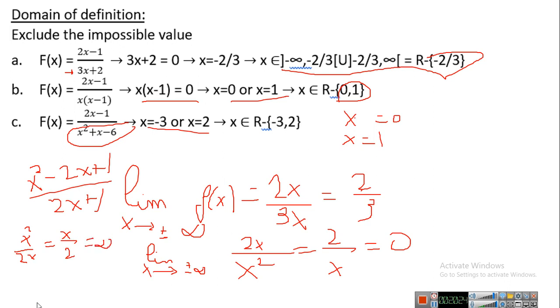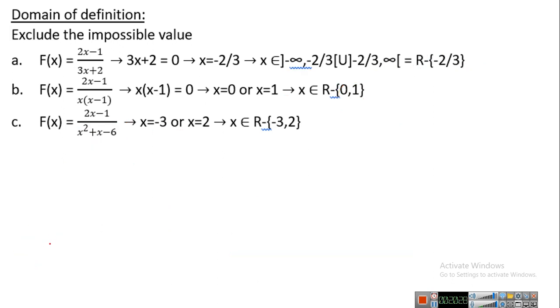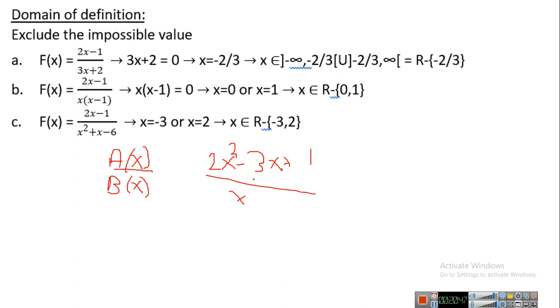So that's why if you have ax over bx, if degree above equals degree below, you have y equals a over b. For example, suppose the numerator is 2x squared minus 3x plus 1, and you want to find the horizontal asymptote over x squared plus 2.